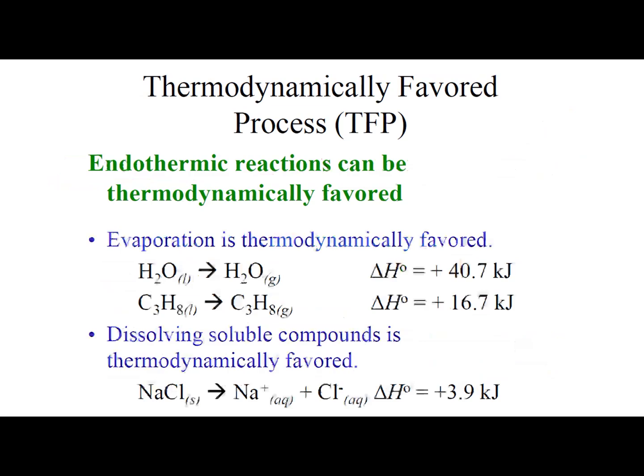Dissolving soluble compounds is also thermodynamically favored. For most ionic compounds, the temperature of the solution is going to decrease during the dissolving process. As you know, you can dissolve faster and you can dissolve more. But all three of these reactions are endothermic, but they are thermodynamically favored.